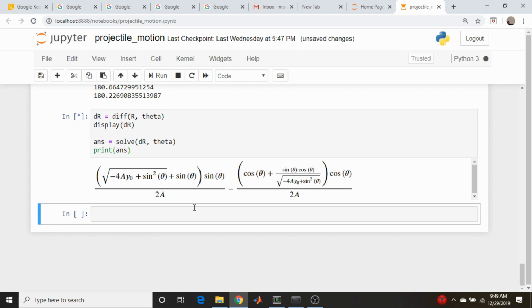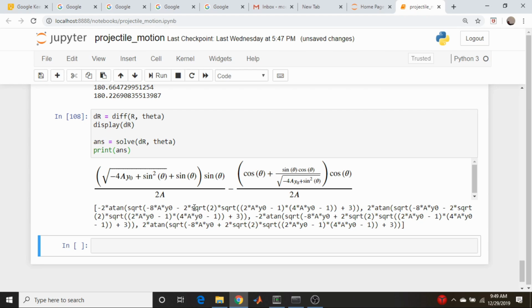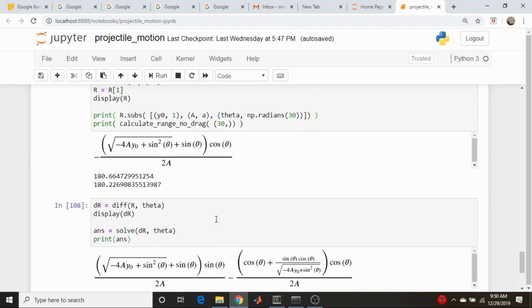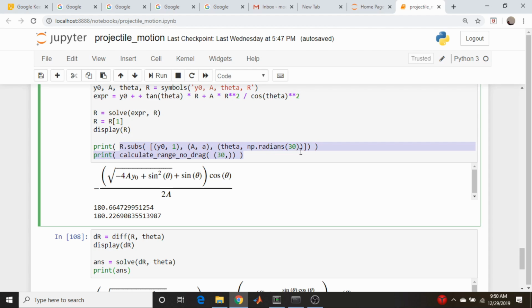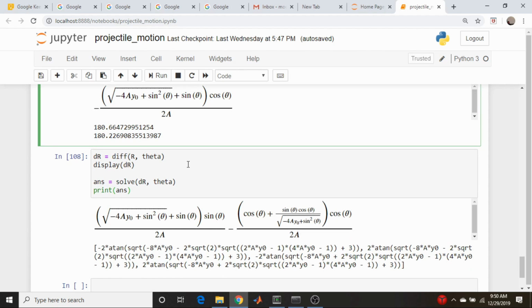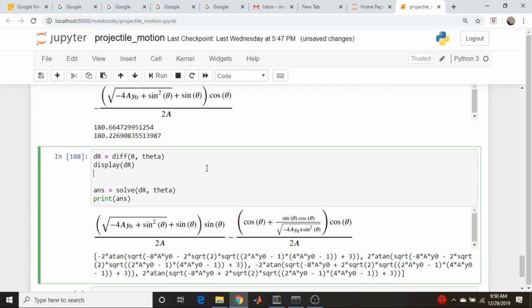What's going on here? Oh, there it goes. What's going on? Oh, I need to substitute in my expressions. And let's cheat a bit by coming up here and just grabbing this statement that does the substitutions. Copy. We'll come down here, paste it in, and we're going to say dr is equal to dr.subs, and that should substitute in all of that stuff.